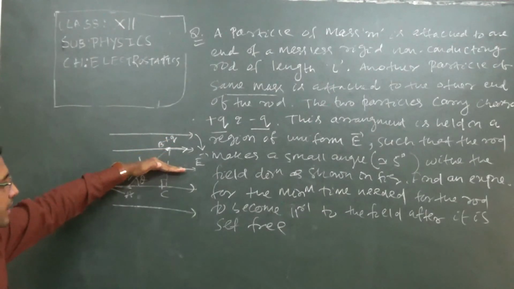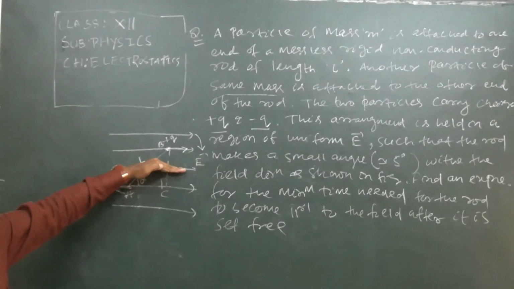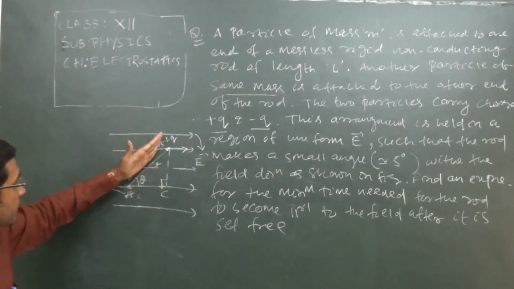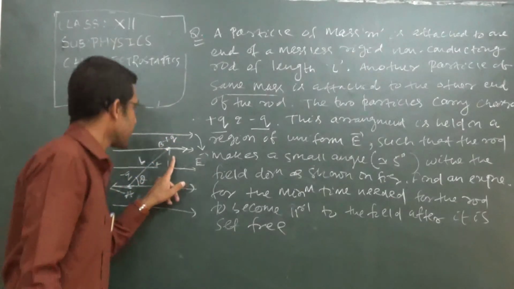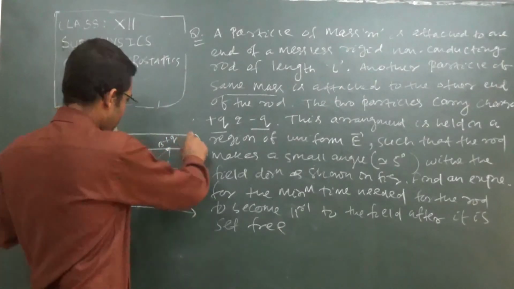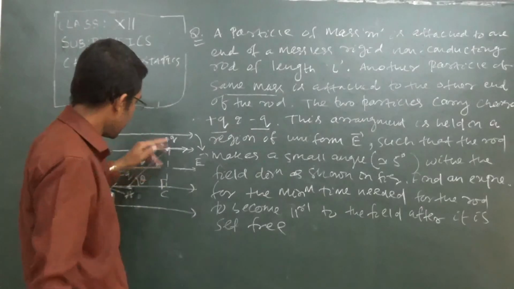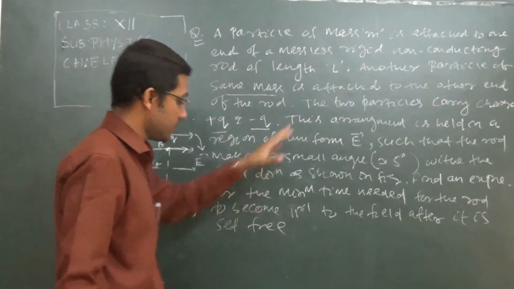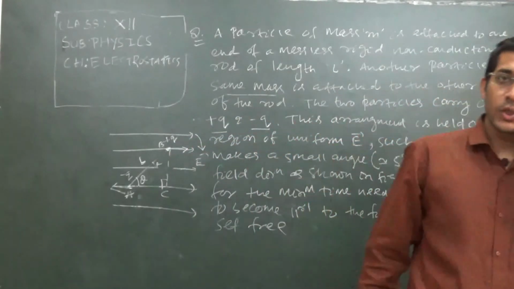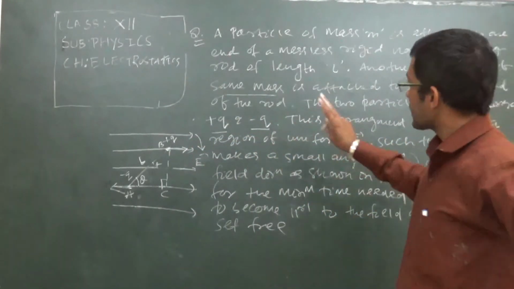Find the expression for the minimum time needed for the rod to become parallel to the field after it is set free. So if I do not hold it and leave it, then due to the torque it will move in a clockwise direction. Then in what time will it come here? So always remember, when these questions come, you need to proceed in two steps.